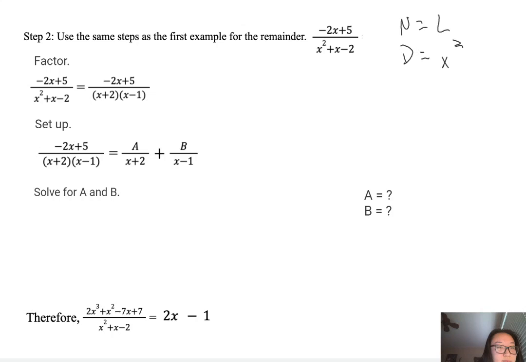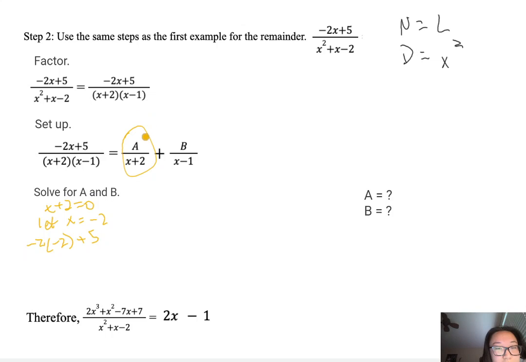Let's solve for A first. So let x equal negative 2, and then we substitute it in. So negative 2 times negative 2 plus 5.